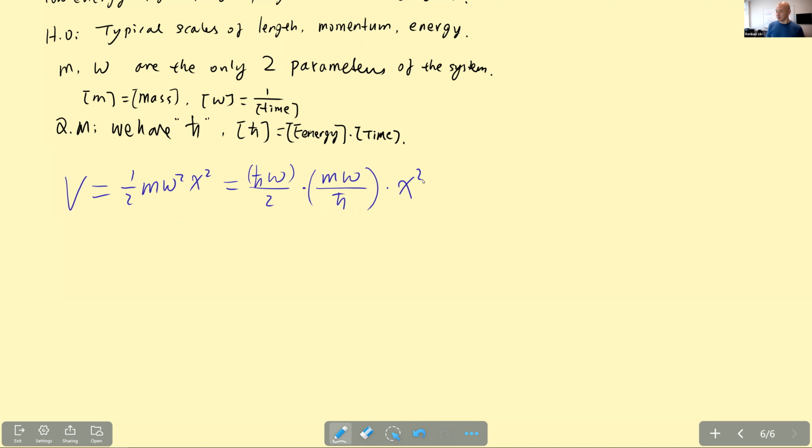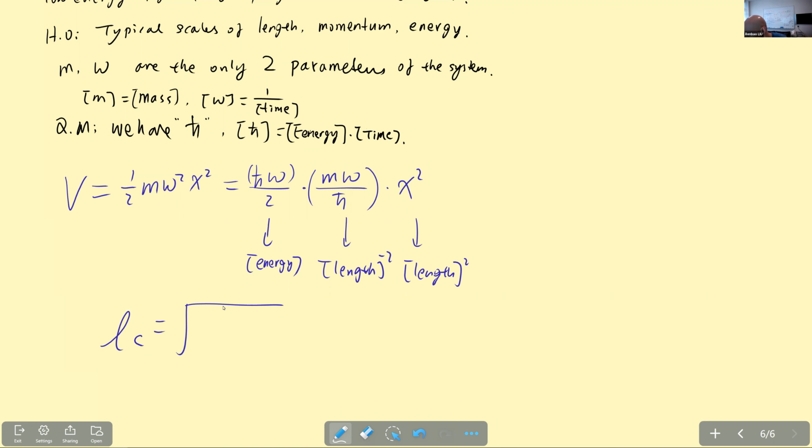This one is energy, and x squared is length squared, so m omega over h bar must be length to the power of minus 2. So we can define a typical length, which is just the square root of h bar over m omega. So this is the length scale.